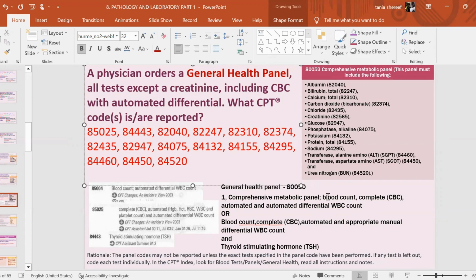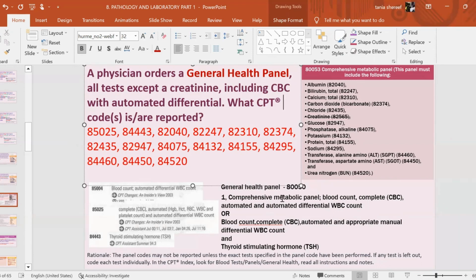First, we are reporting the comprehensive metabolic panel. Then blood count, that is a complete CBC, automated and automated differential WBC, or blood count complete CBC, automated and appropriate manual differential WBC count. Okay, so either one we have to report, plus TSH.